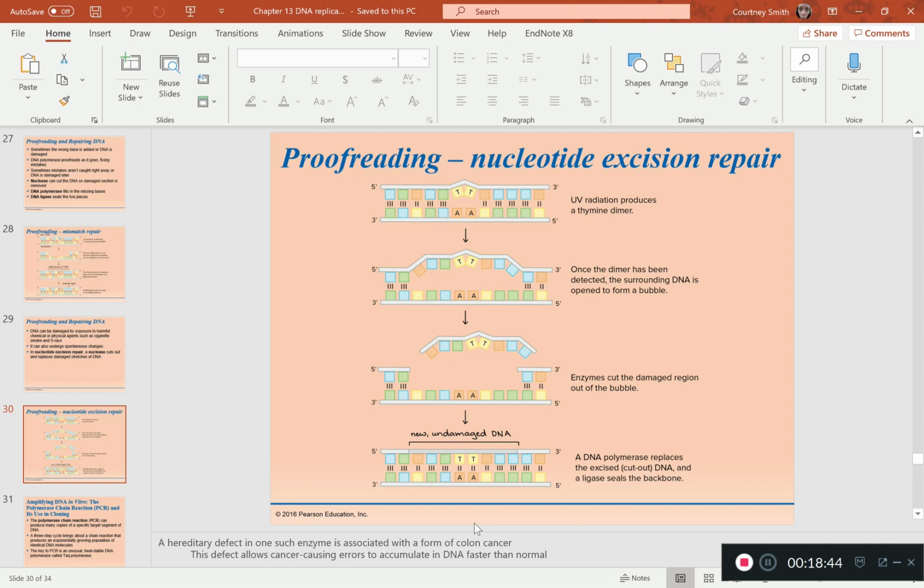Those are pretty much the basics. So the big three enzymes that play a part in correcting replication errors are nuclease, DNA polymerase, and DNA ligase. Those are the big guys.